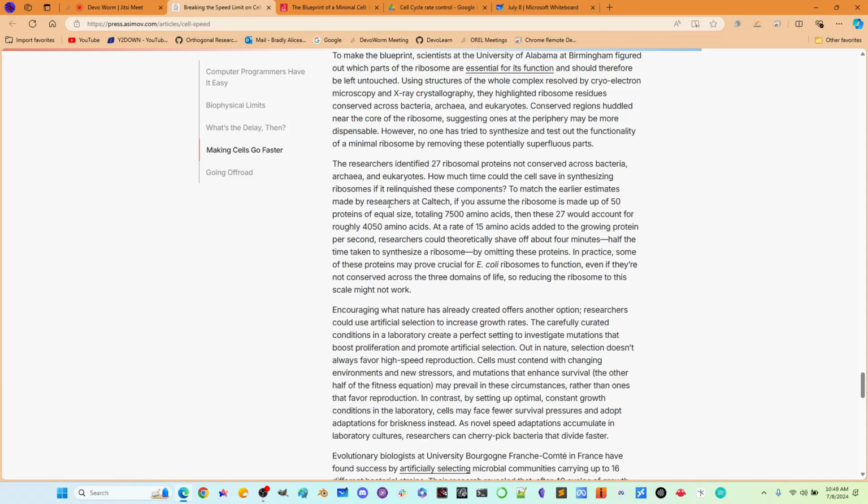To match these earlier estimates made by researchers at Caltech, if you assume the ribosome is made up of 50 proteins of equal size, totaling 7,500 amino acids, then these 27 would account for roughly 4,050 amino acids. At a rate of 15 amino acids added to the growing protein per second, researchers could theoretically shave off about 4 minutes, half the time taken to synthesize a ribosome.